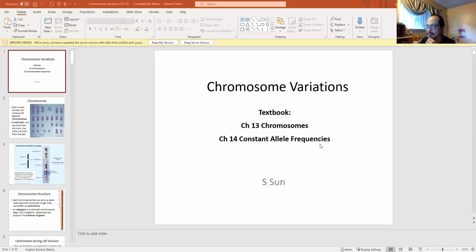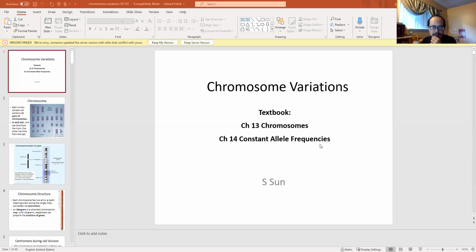This is about chromosome variation. So with this one, I like to provide the important knowledge about the variation among us, and to see if we can use this variation to conduct some type of DNA profiling.